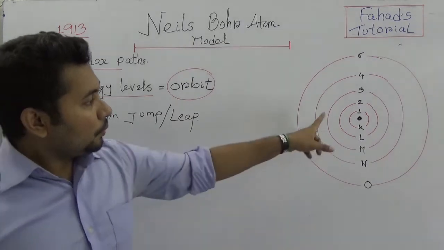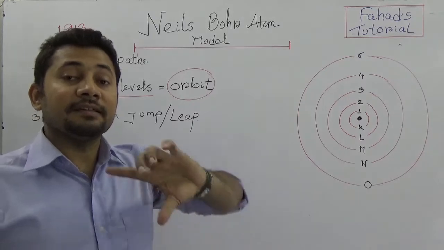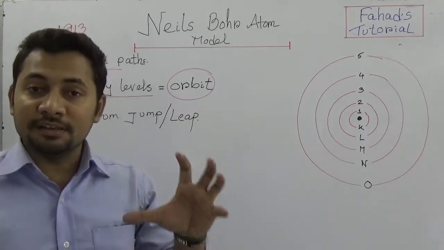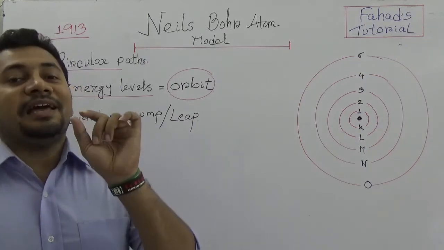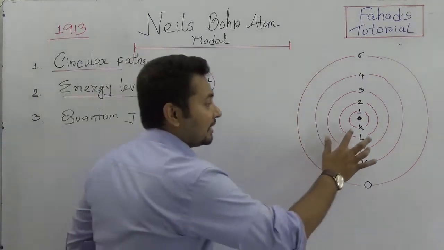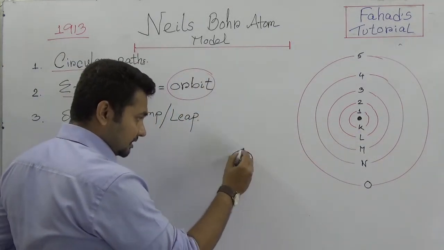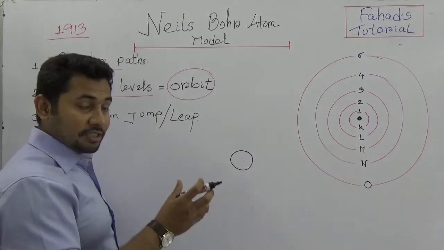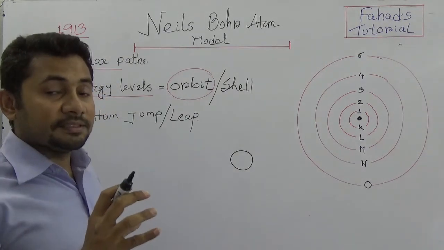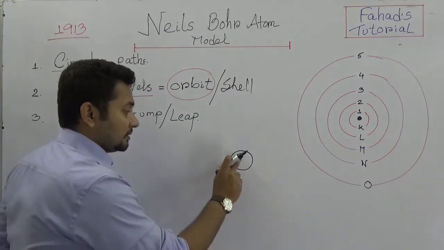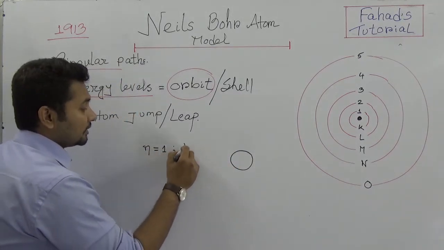So electrons move around in circular paths, and these are the energy levels, which are designated with capital letters, starting from K. The first orbit, or shell, or energy level, is denoted by number 1, so it is known as the K shell.